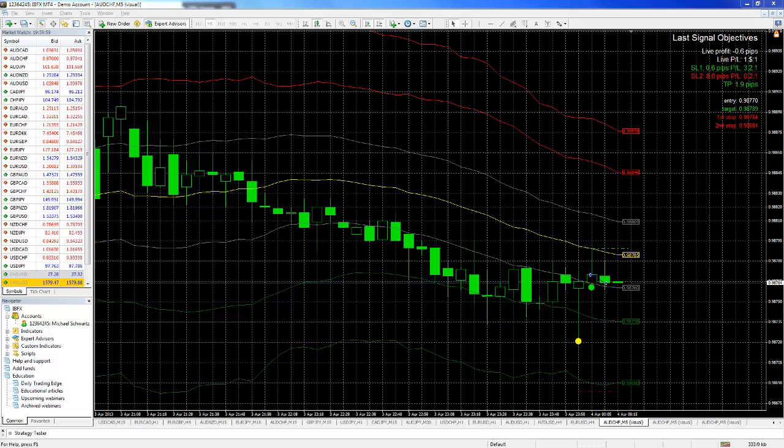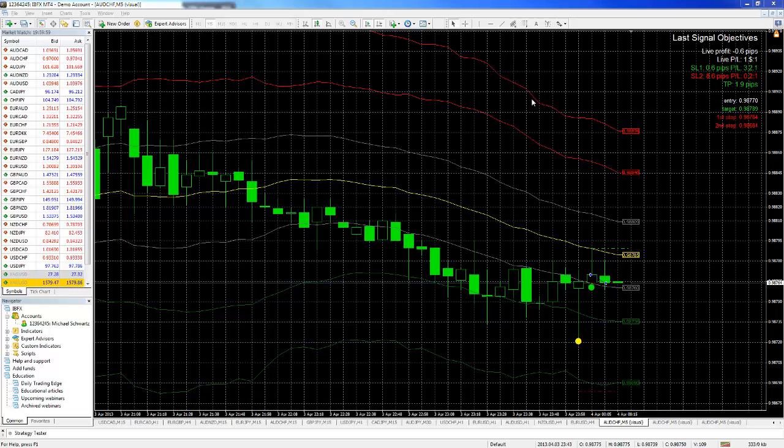So the MBFX system is based on identifying high probability turns in the markets. It works on any time frame, and it works on any Forex pair that you like to trade. In general, the belief is that when we get to any of these extremes, these green bars or green lines would indicate an oversold scenario, and these red lines or red waves would indicate an overbought scenario.